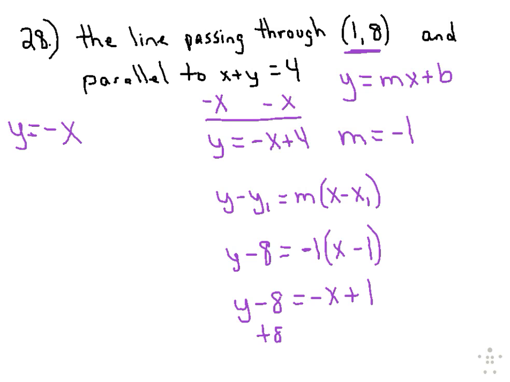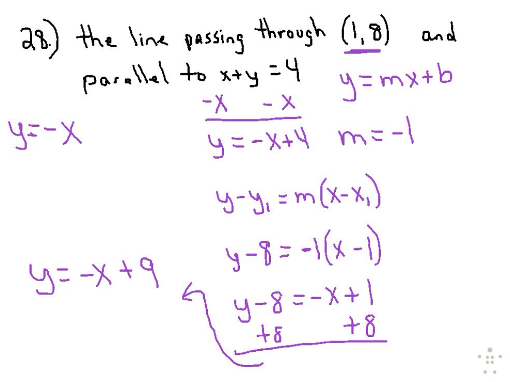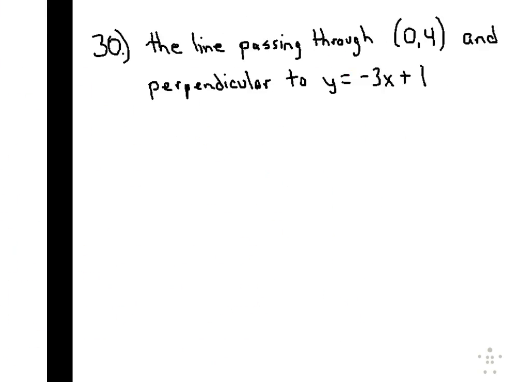Add 8 to both sides, and this is going to give you y is equal to negative x, which I already knew, and the y-intercept is plus 9. So plus 9, if you can see either way, you can put it right here or there. So this is your equation to the line that's parallel to the other equation that passes through the point (1, 8). Let's move to number 30.